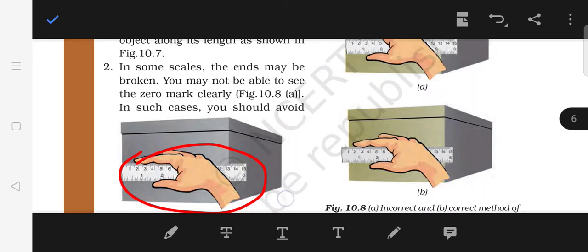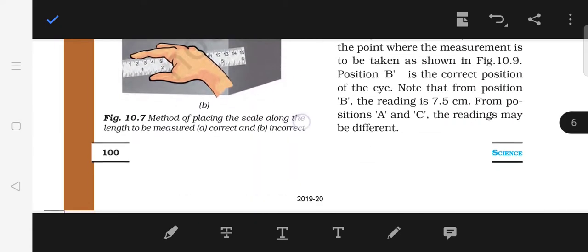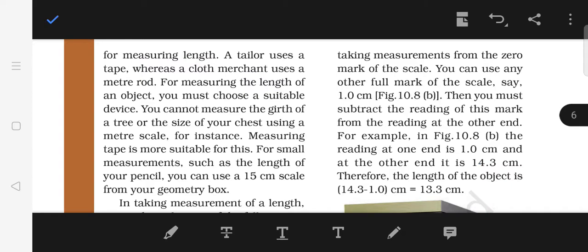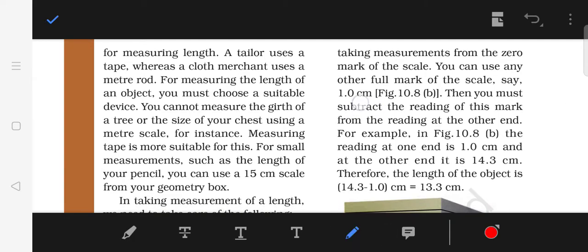You may not be able to see the zero mark clearly. So in such cases you should avoid taking measurements from the zero mark of the scale. You can use any other full mark like say 1 centimeter. And then you must subtract the reading of this mark from the reading at the other end.